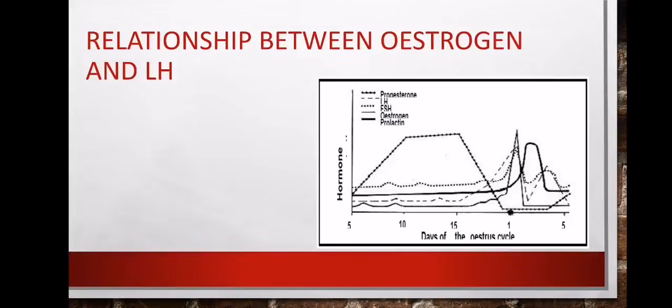Let's look at the relationship between estrogen and LH. Estrogen, remember, comes from the Graafian follicle. When the estrogen is being secreted by the Graafian follicle, it will cause the level of LH to also increase.